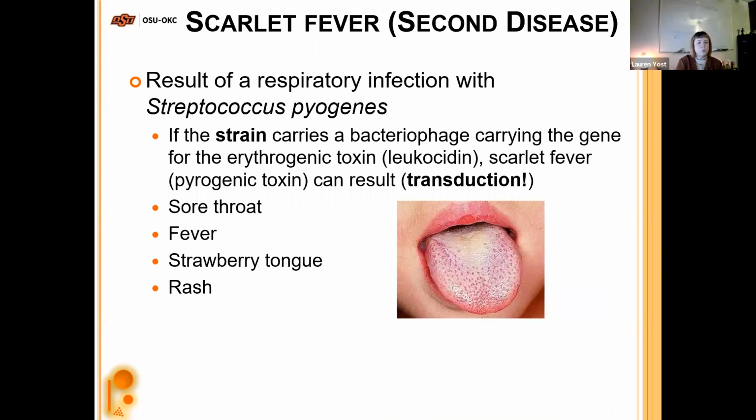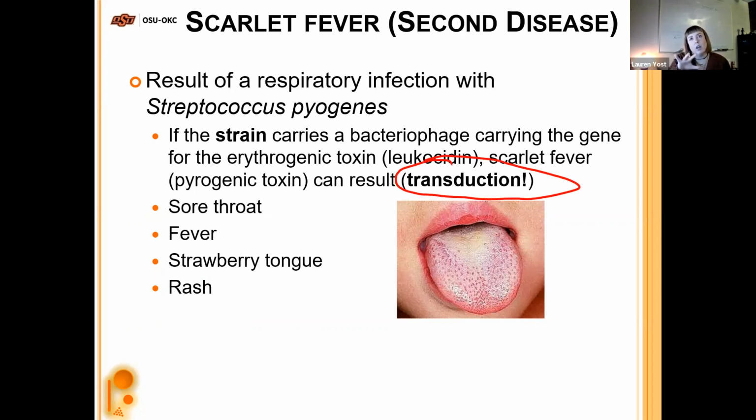Scarlet fever, also known as second disease. Again, Streptococcus pyogenes, strep. If it has a bacteriophage carrying the gene for erythrogenic toxin, then scarlet fever can result. Okay, that is what we call transduction, which is a term that we have talked about way back in the beginning, I believe unit 1.